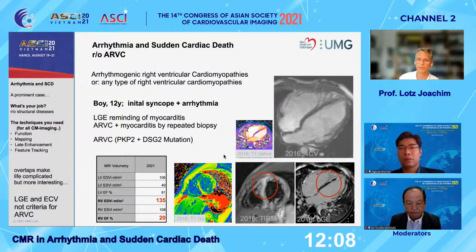And this overlap was proven by repeated biopsies, and this patient has two specific gene mutations in two loci, the PKP2 and DSG2 location, which makes the diagnosis of a familial or inherited ARVC very probable, and the histologic workup also showed an active myocarditis in this patient.